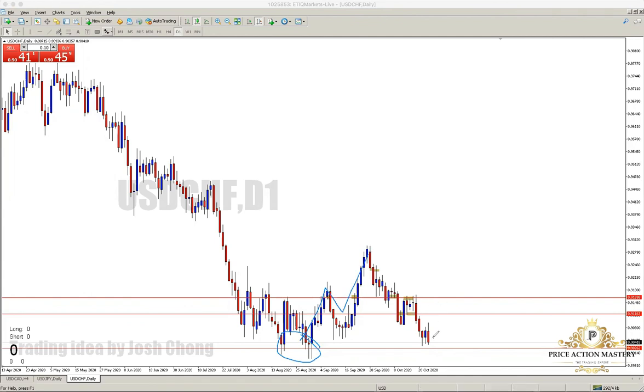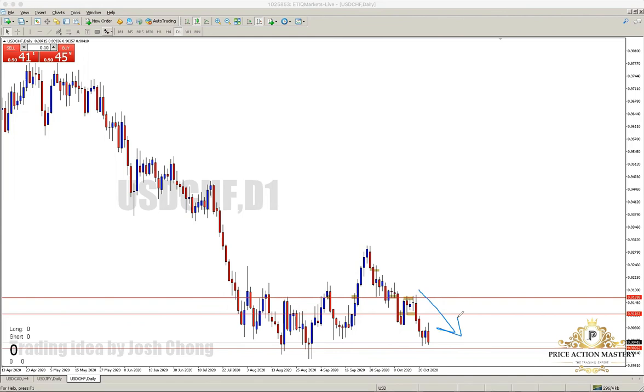So there's a potential for the market to bounce up to the high price. But because no setup has formed yet, we're still going to look for sell trades. But if a setup forms, we need to follow the latest setup to go for a buy trade.